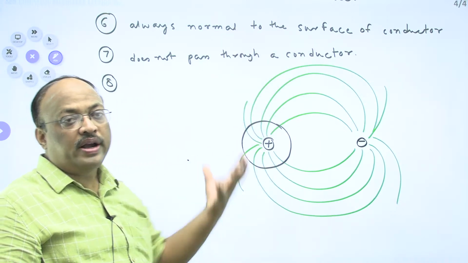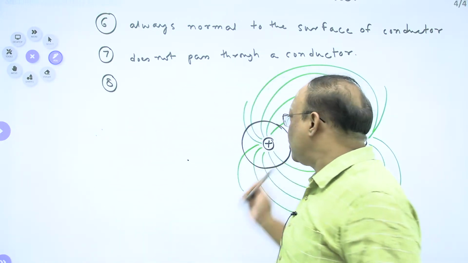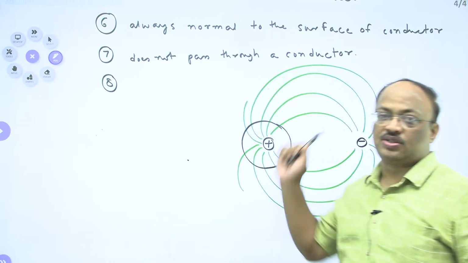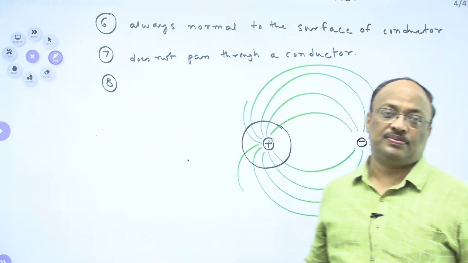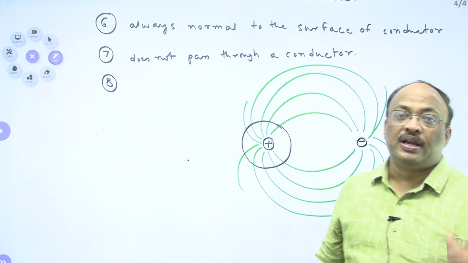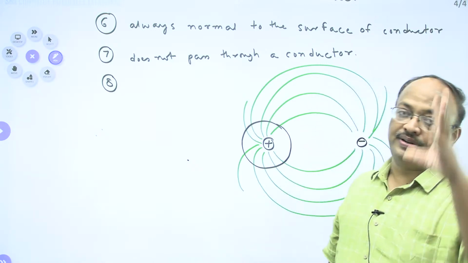So what does it represent? Dense electric lines of force represent a strong electric field.